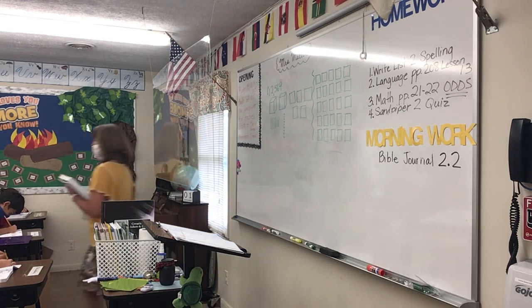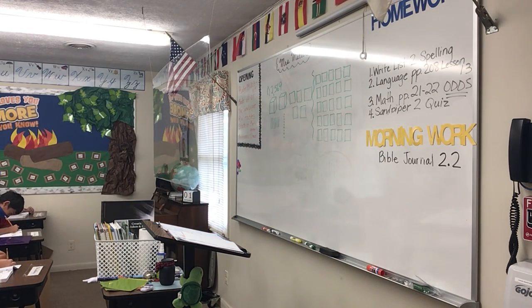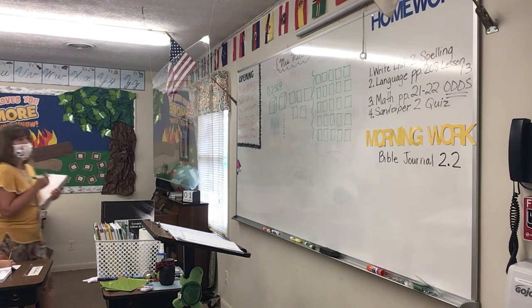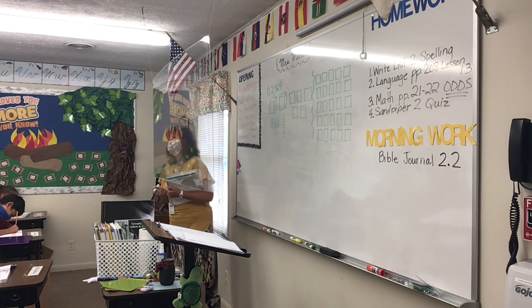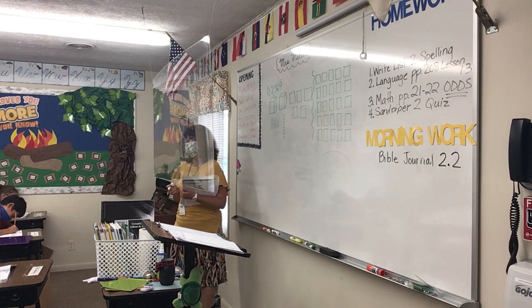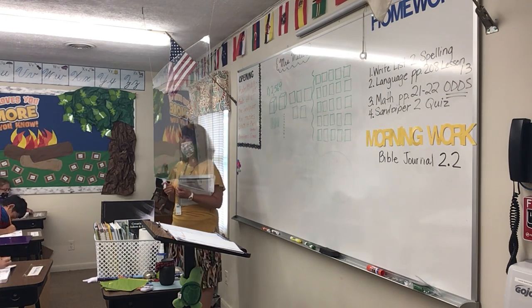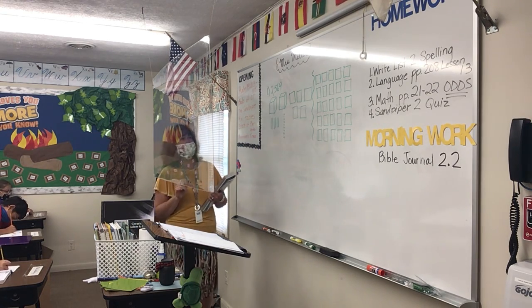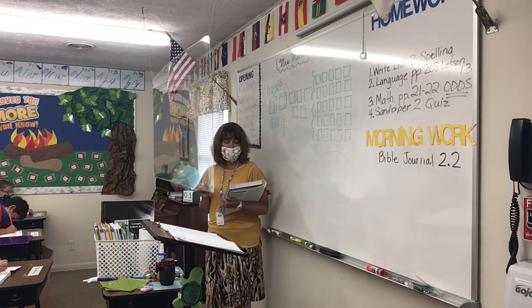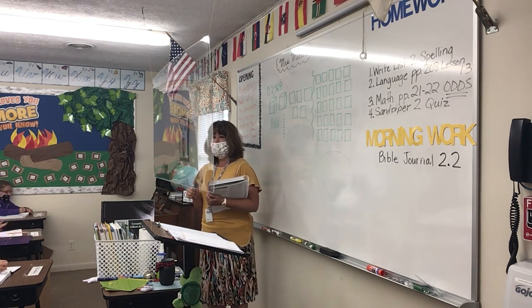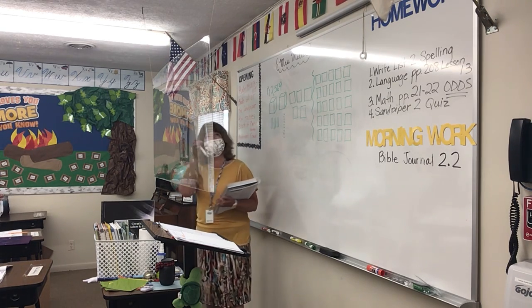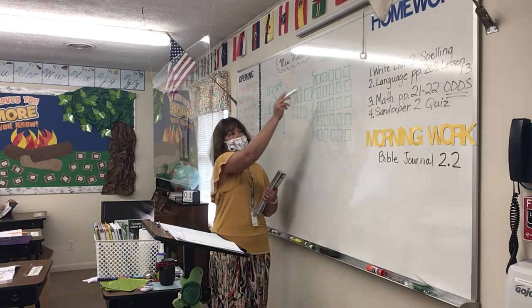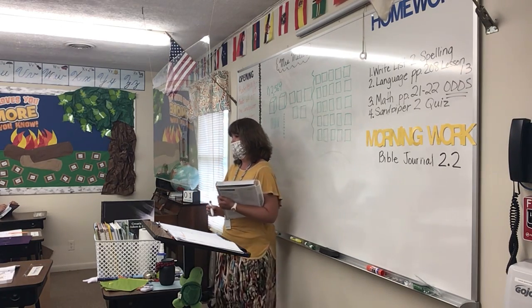Draw smaller squares. You gotta look ahead and see how much room you have and then try to fit your pictures in there. Now I knew that 5 times 5 was 25, so that's why I did 5 by 5.